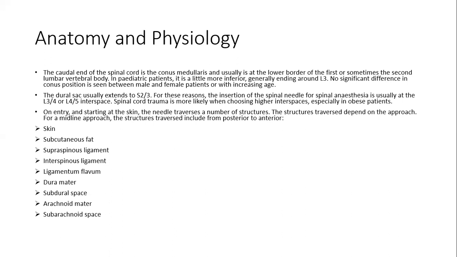Suffice to note that there's no significant difference in the position of the conus medullaris between male and female sexes or with increasing age. The dural sac continues beyond the conus medullaris and extends to the sacral segment S2, S3.